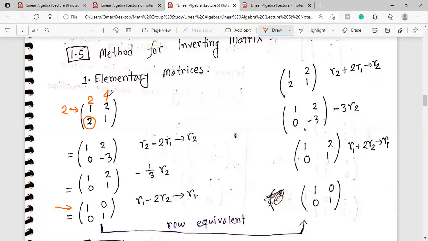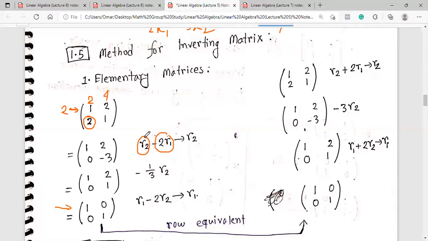Okay. And then we subtract the 2 into first row from the second row. Okay. That means we do this operation like 2 minus 2. Okay. And then 1 minus 4. And then we need to put the value in the second row.